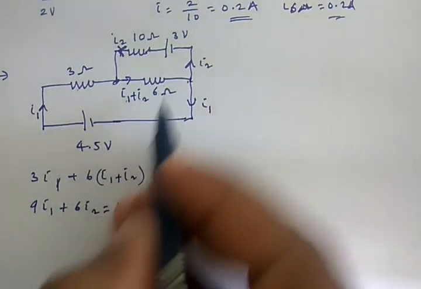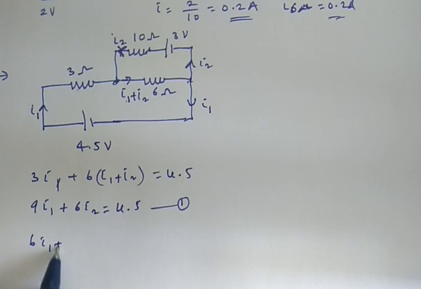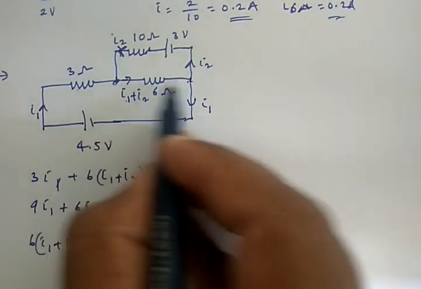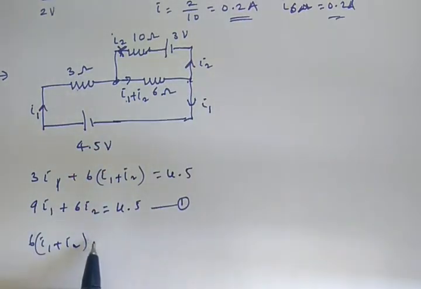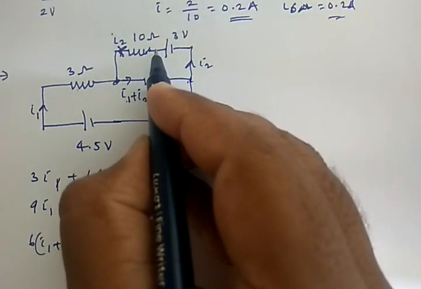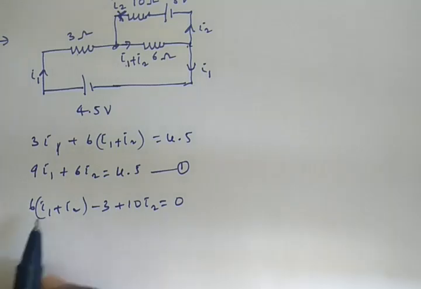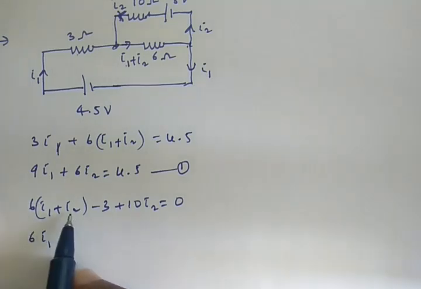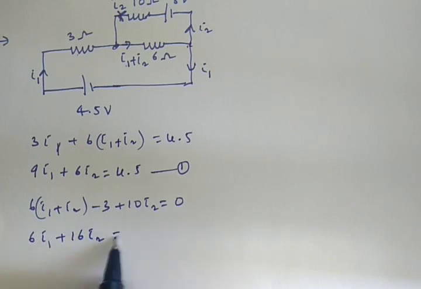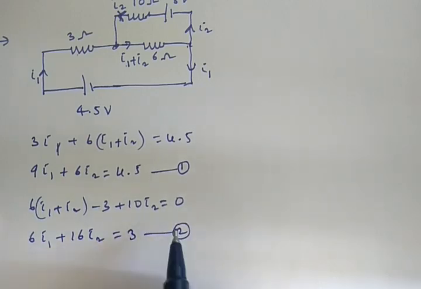So 6(I1 plus I2) minus 3 plus 10I2 equals 0. If you solve this, you get 6I1 plus 6I2 plus 10I2, that is 6I1 plus 16I2 equals 3. That is the second equation.